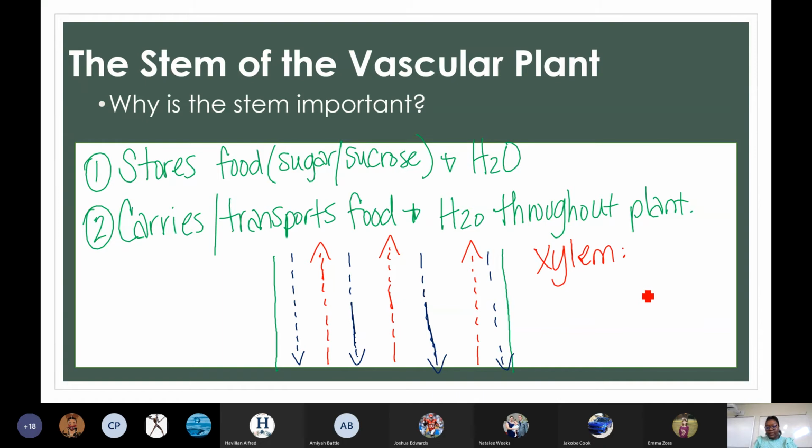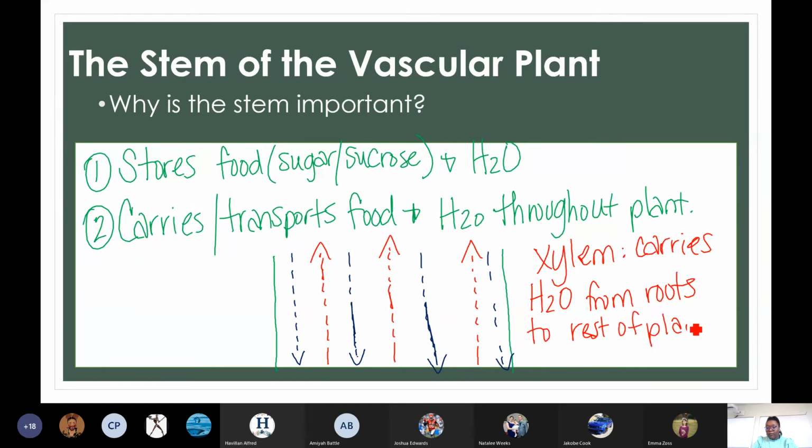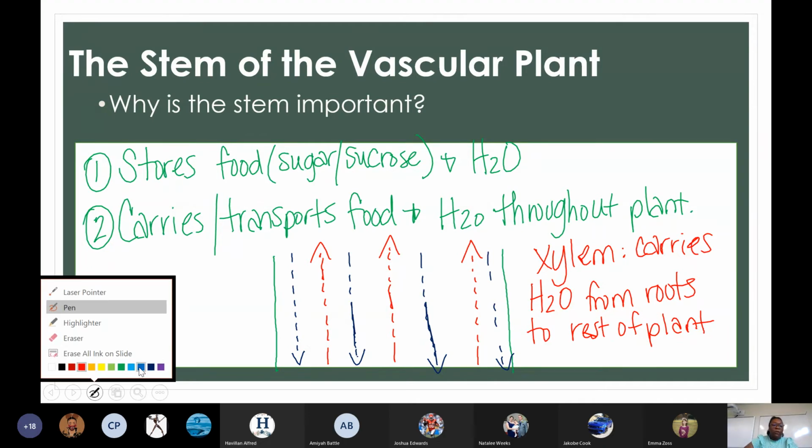The xylem carries water from those roots up to the rest of the plant.